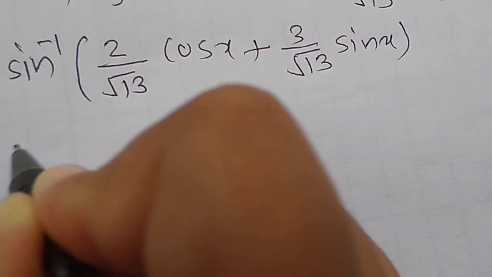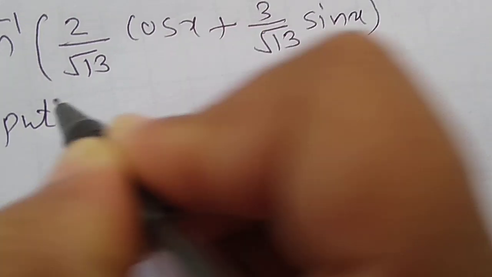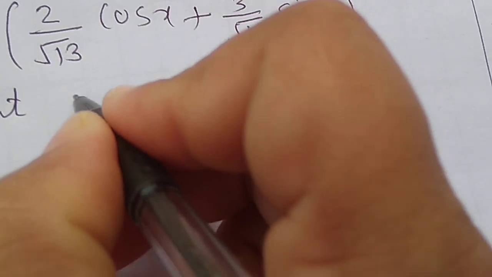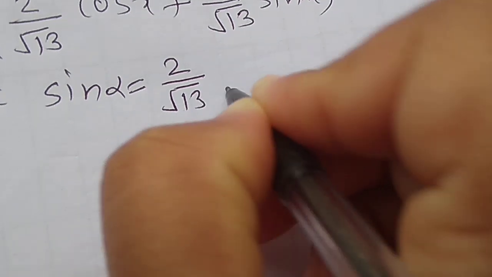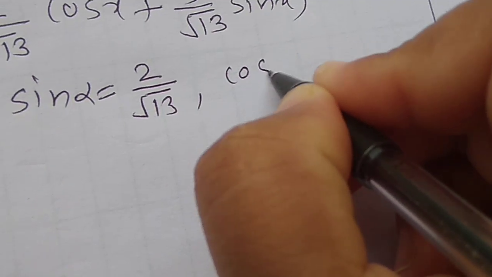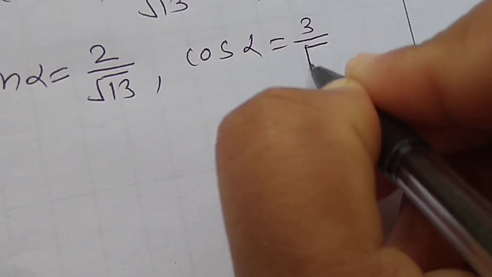So here put sin alpha is equal to 2 upon root 13 and cos alpha is equal to 3 upon root 13.